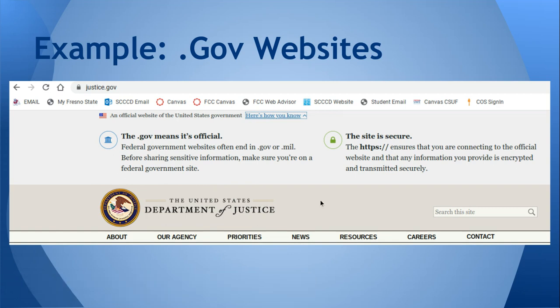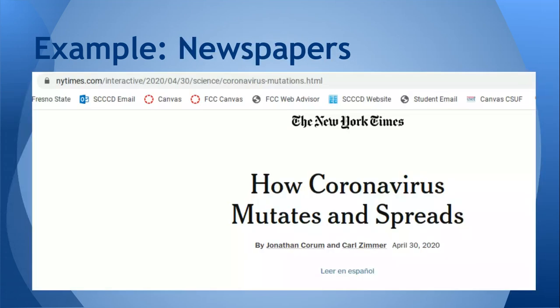Let's say you're talking about recidivism, for instance. Then the Department of Justice would be a good place to go for that because they do have the official stats on that information. So .gov websites are usually something that you can use for a class.